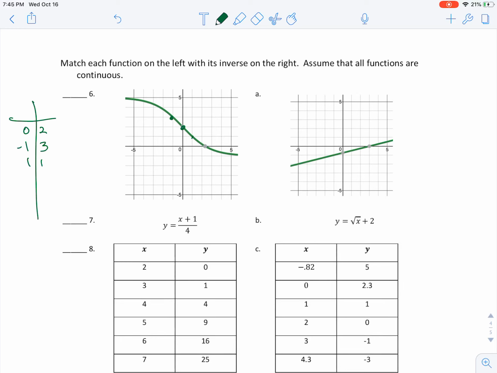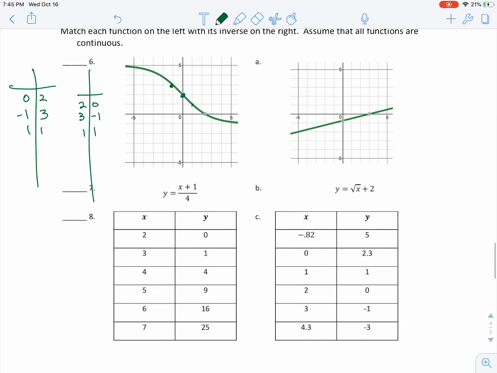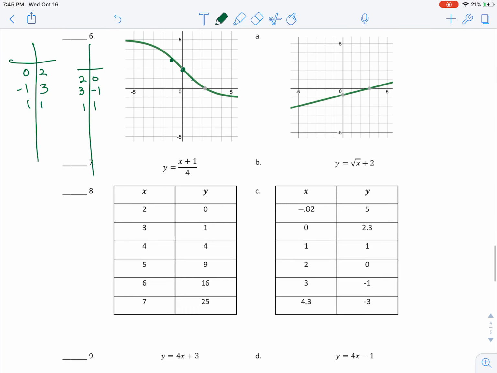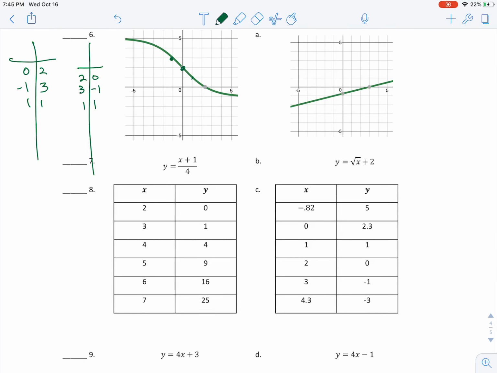And so I know those points, so I'm reversing this. Okay, do I have a table on here that might include those points? That's something that I might look for. So let's see, anything that includes 2, 0, 3, -1, and 1, 1. This is looking pretty good right here.